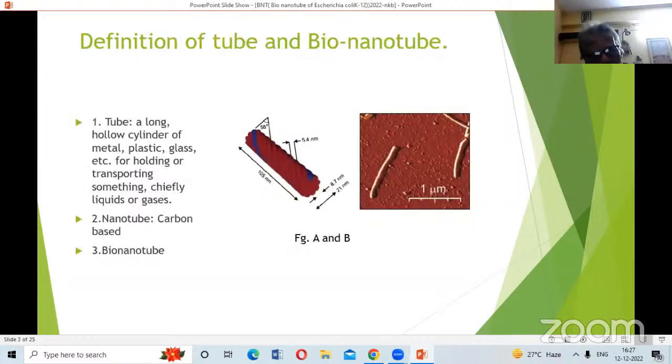The definition of the tube and bio-nanotube can be explained in such a manner in the electron microscope that you can see. You see the one micron, and the length of 1 millimeter, how the tubes can be observed, which has already been described. Why are these tubes so important?